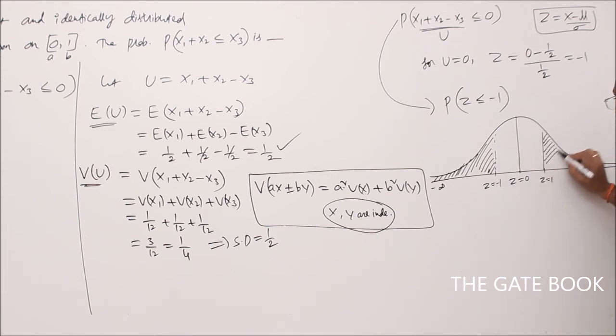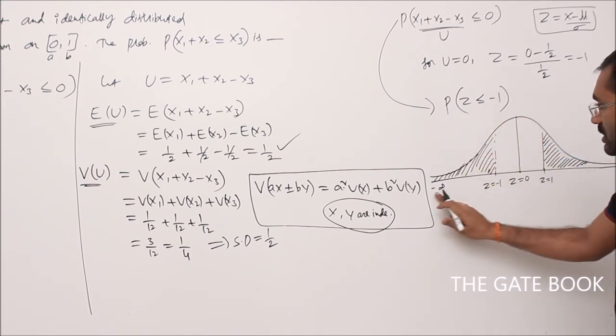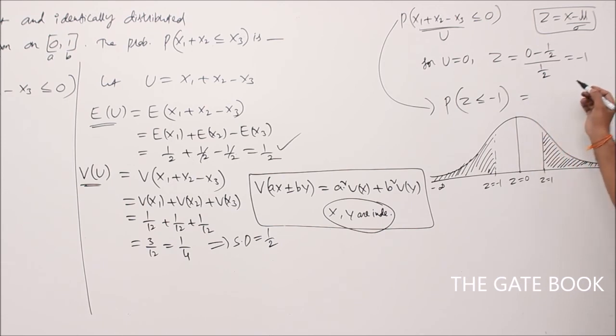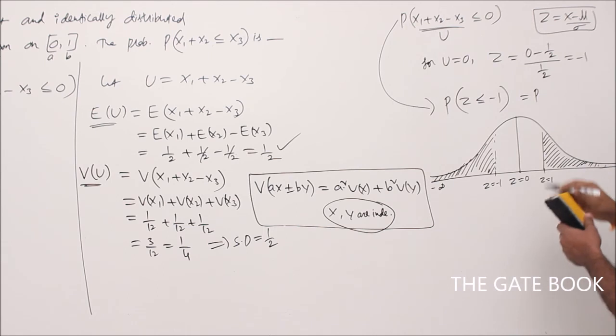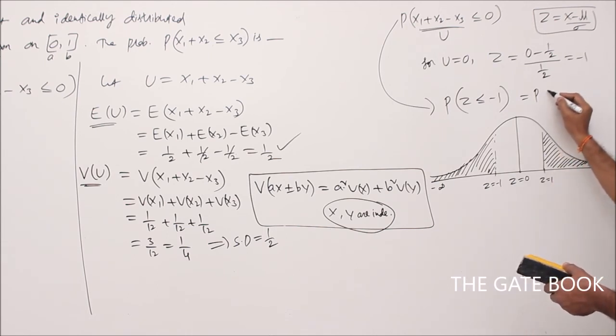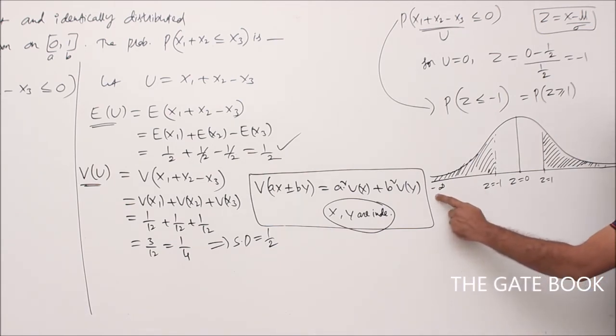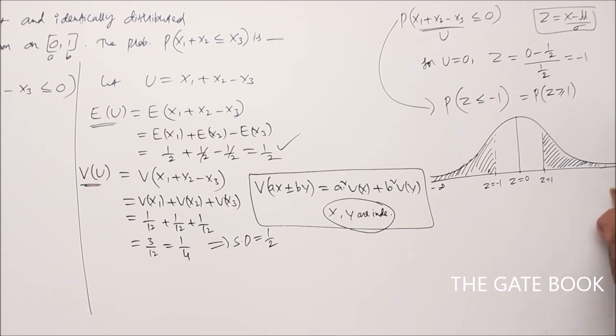Both areas are the same. Area from -1 to minus infinity is the same as area from 1 to infinity. So that is equal to P of z greater than or equal to 1.